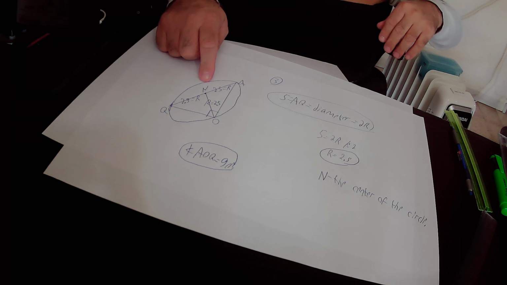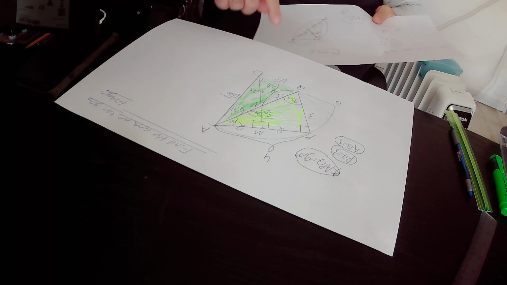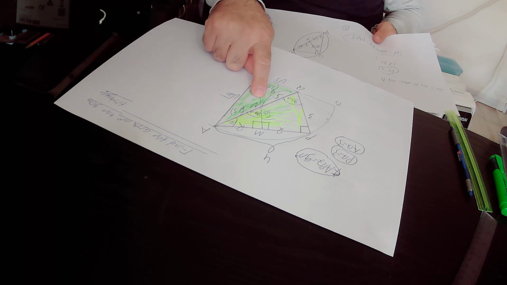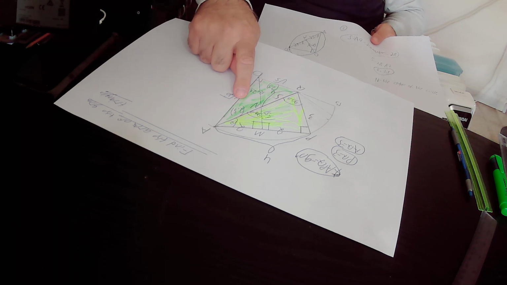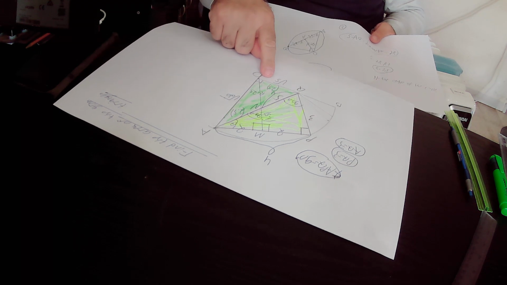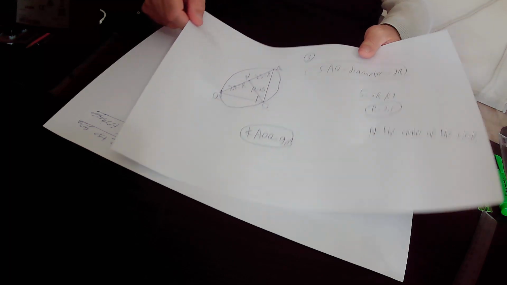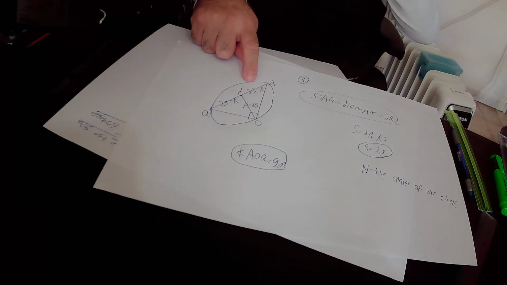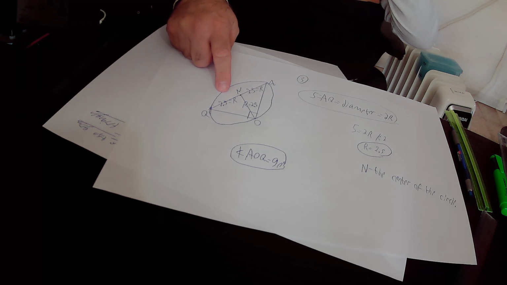Here I copied point N from the original drawing. This is AQ, and I copied point N from the original drawing. So here AN equals 2.5 units and AQ also equals 2.5. But 2.5 is the radius of the circle.